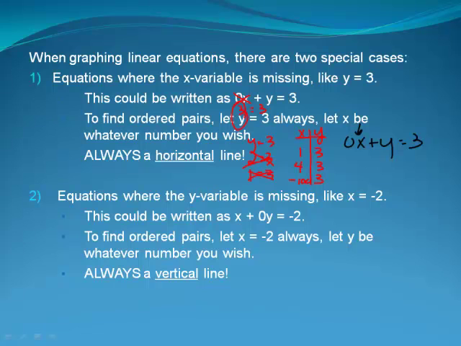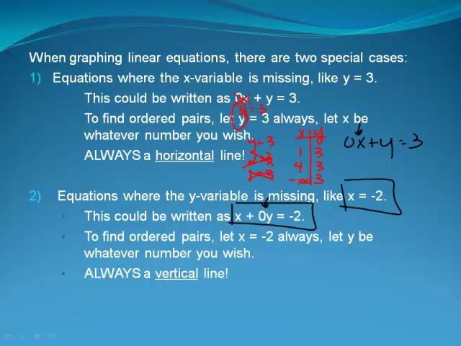Now the second special case is very similar, except that instead of missing an x, you're missing a y. So an example of that might be x equals negative 2. Again, if it really bugs you that there's not a y variable, you could rewrite that and put in a y variable, but you'd have to put a 0 in front of that y. 0 times anything is 0, so there you can let y be anything you want.